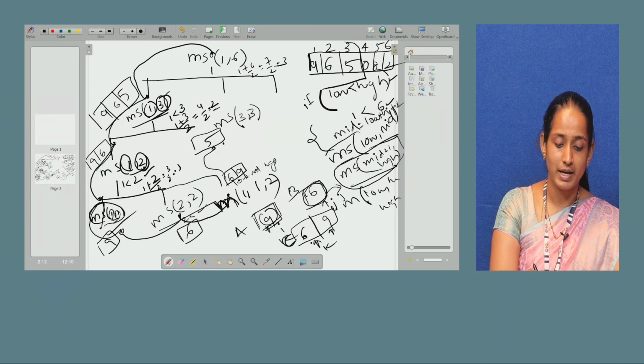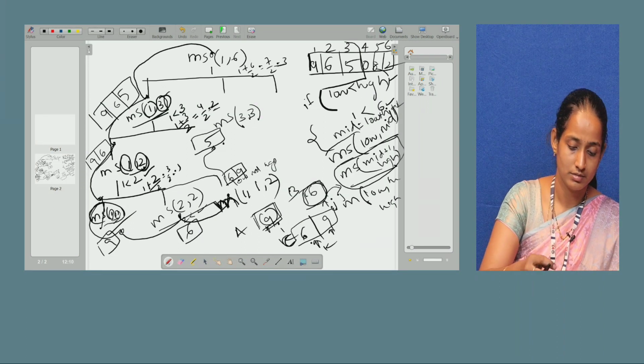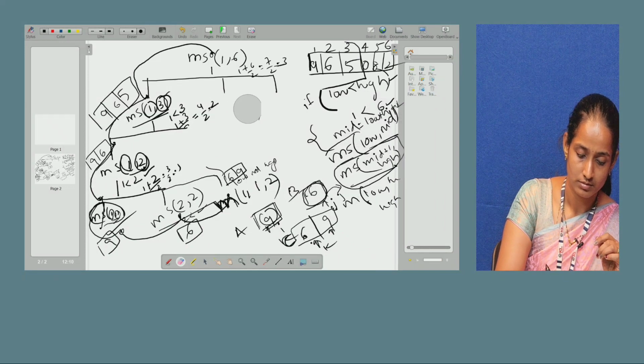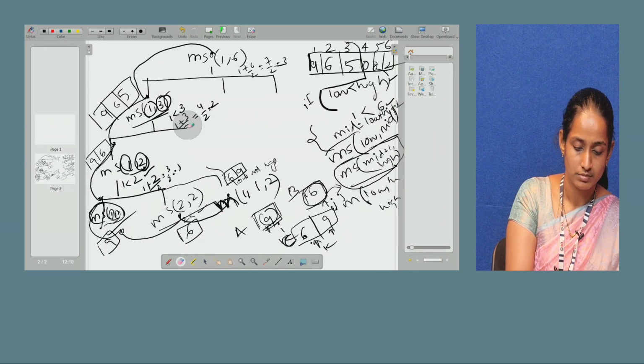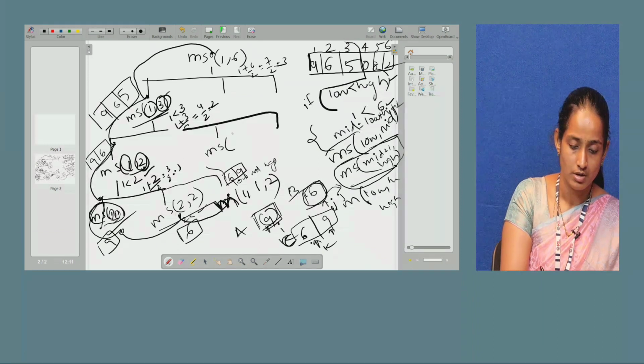So this 5, let me make it clear. ms of mid plus 1 means 3 comma 3. So at ms of 3 comma 3, we have only one element, that is 5.